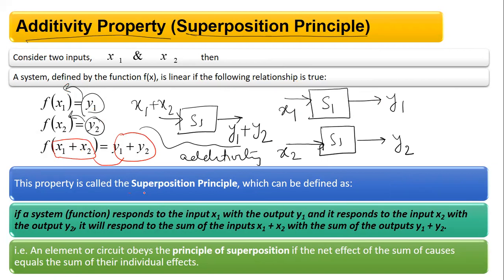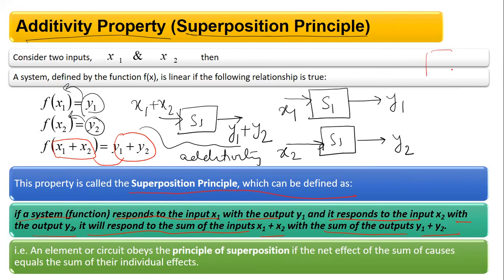So this is what superposition principle is. If a system responds to the input x1 with the output y1 and it responds to the input x2 with the output y2, it will respond to the sum of the inputs with the sum of the outputs. It must give. Okay, I'll repeat this concept once again.